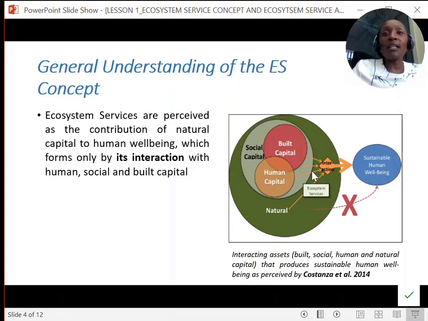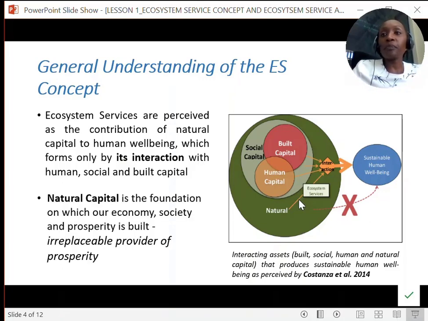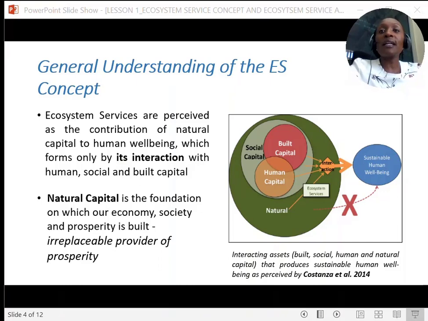It turns out that natural capital is indeed the foundation on which our economy, society, and prosperity are built. In essence, natural capital constitutes an irreplaceable provider of prosperity.